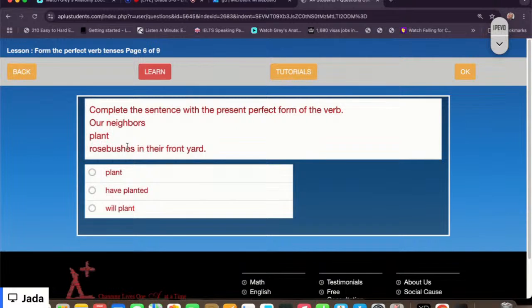What do you think? Okay, so have planted.